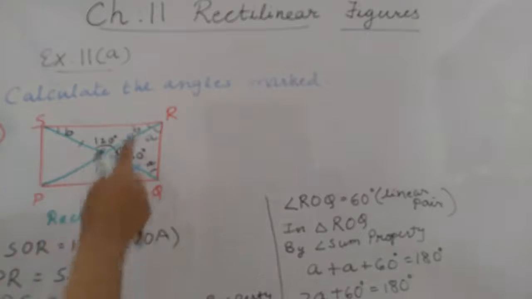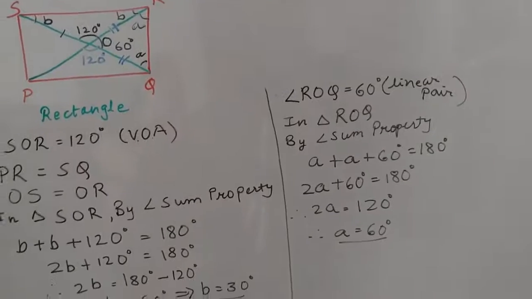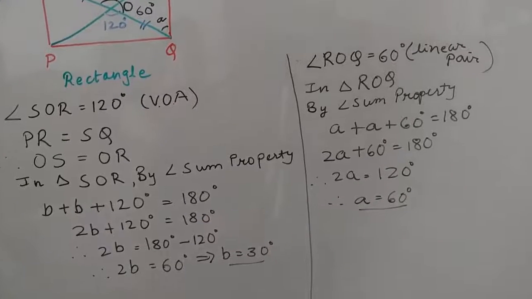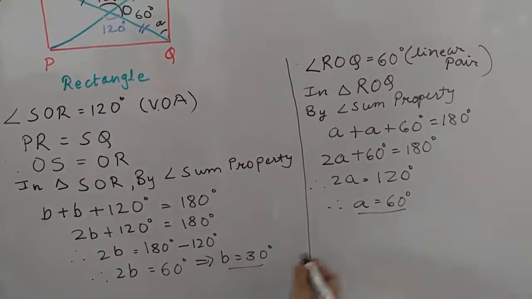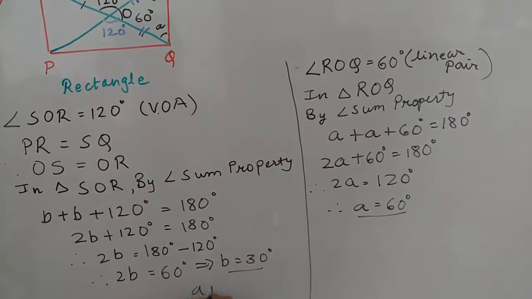So A plus B is 90 degrees. So after you found B value 30 degrees, you can directly write A plus B is equal to 90 degrees. Therefore, A is equal to 90 minus 30, 60 degrees.